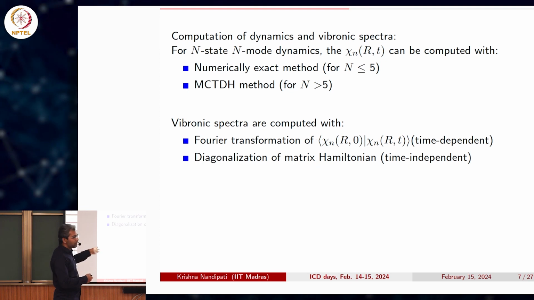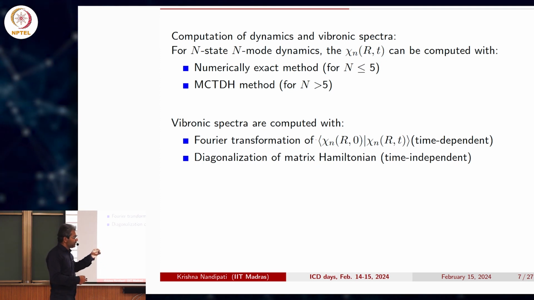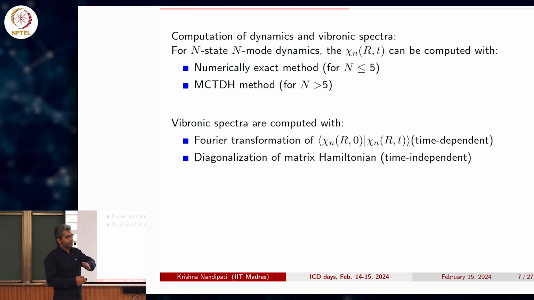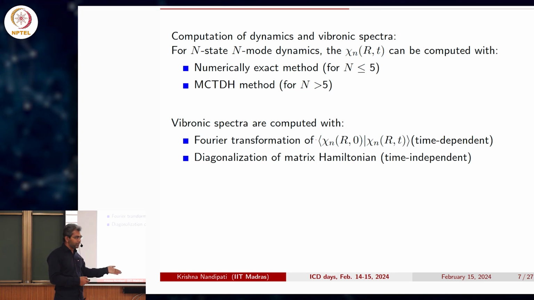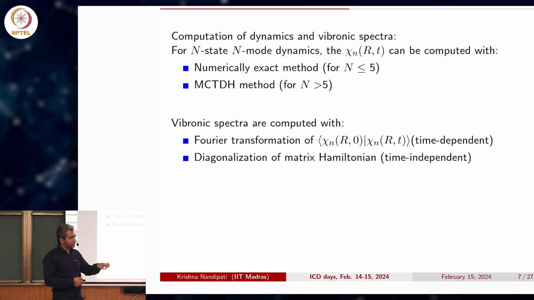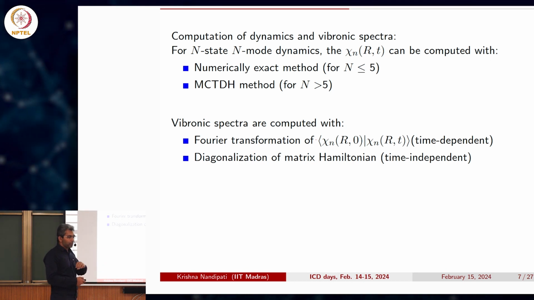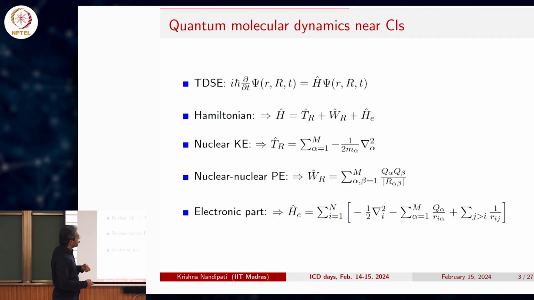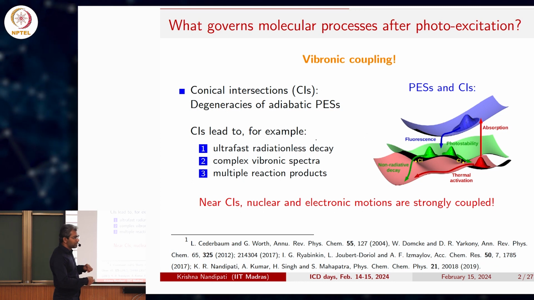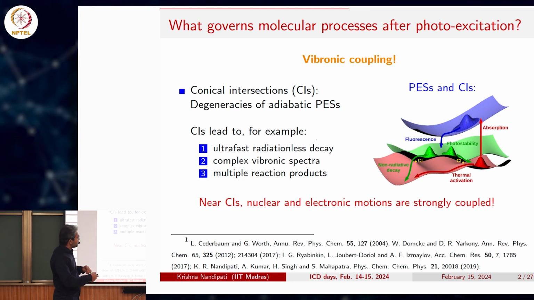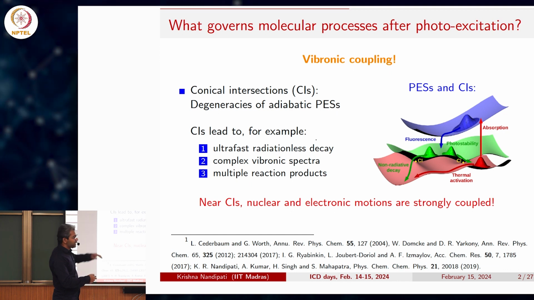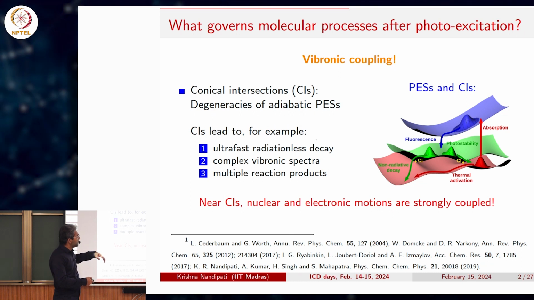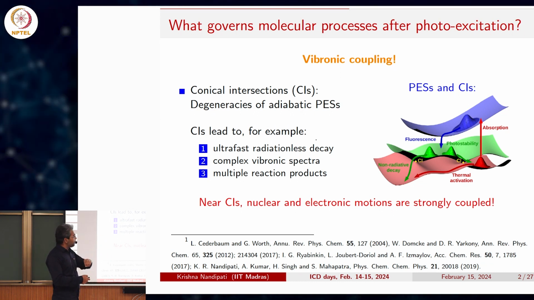And then once you solve this time dependence, you get the so-called autocorrelation function, because the nuclear wave packet evolves and you overlap the evolved nuclear wave packet with the initial nuclear wave packet, and then you can construct the autocorrelation function. Fourier transformation of this autocorrelation function gives you directly the spectrum of the system. For instance, if you want to obtain the spectrum pertaining to this system, you take the nuclear wave packet at each instant of time, which is evolving on these complicated potential energy surfaces, and then overlap it with that initial wave function which is sitting here.